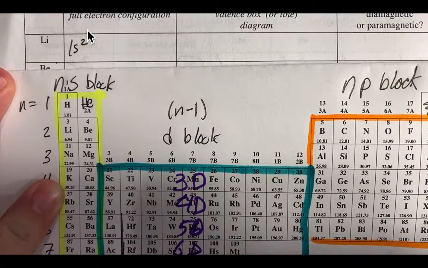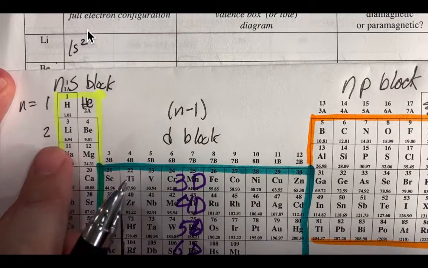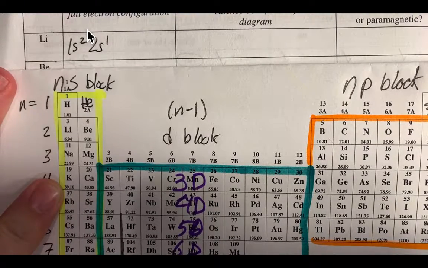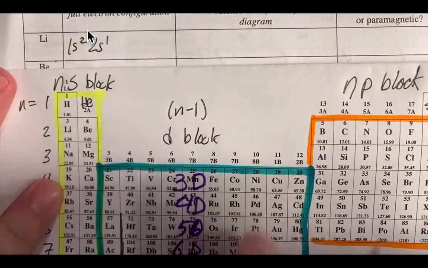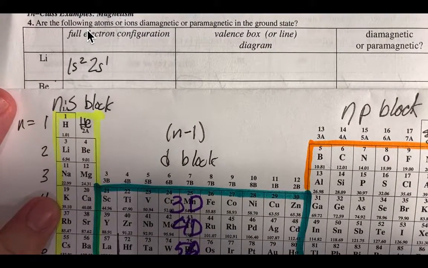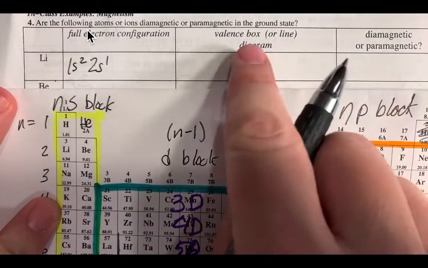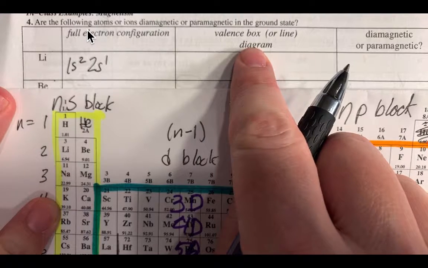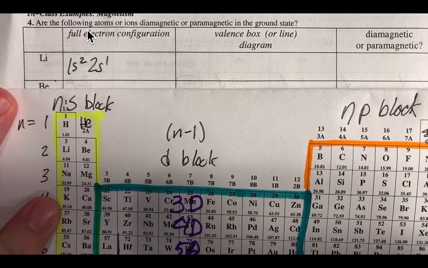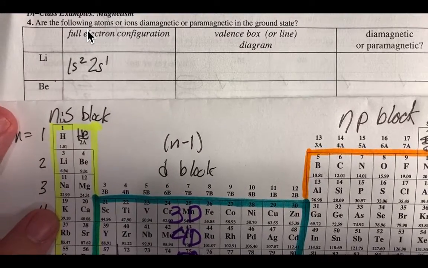Then I take a single step into the 2s block, 2s1. 1s2, 2s1. I'm going to do the electron configurations, then move to the valence line diagrams, and then we'll say whether they're diamagnetic or paramagnetic.